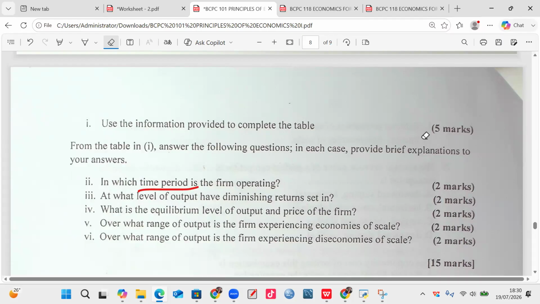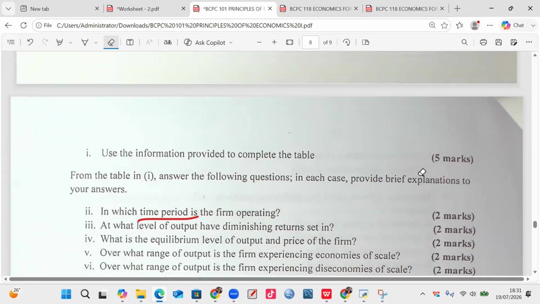At what level of output have diminishing returns set in? IV. What is the equilibrium level of output and price of the firm? V. Over what range of output is the firm experiencing economies of scale? VI. Over what range of output is the firm experiencing diseconomies of scale? All right. Let's start.